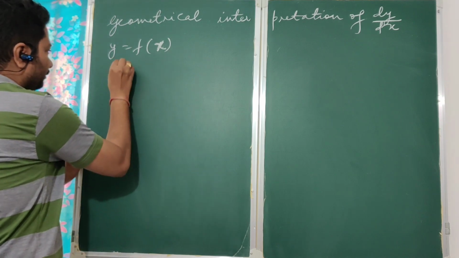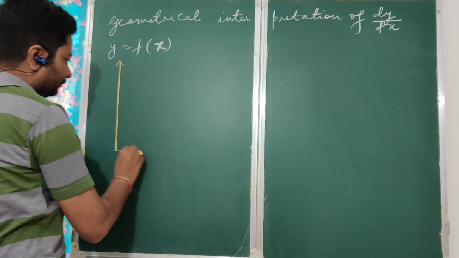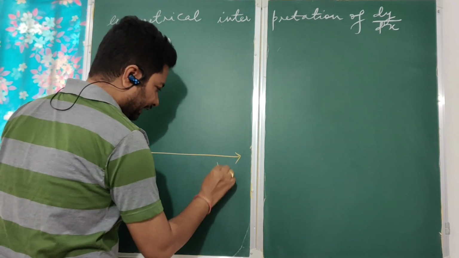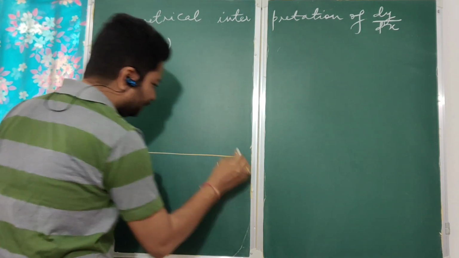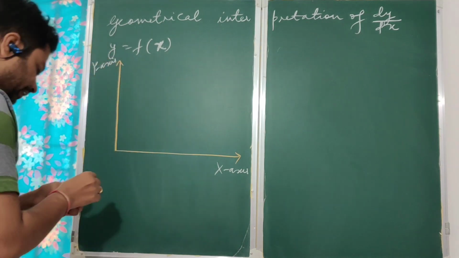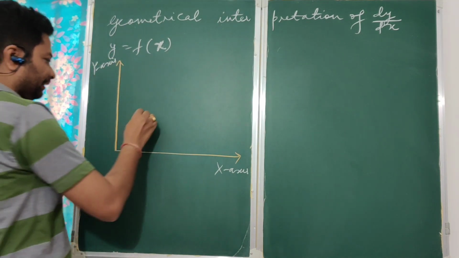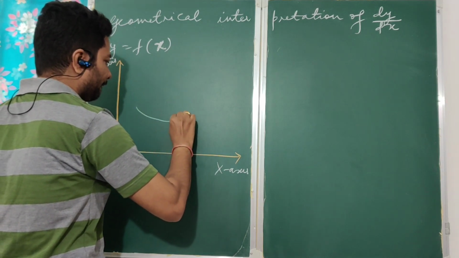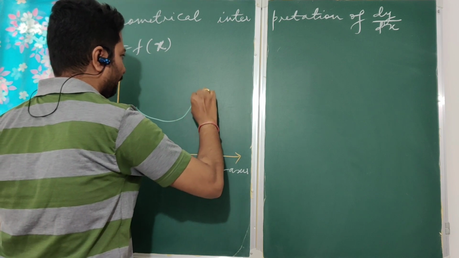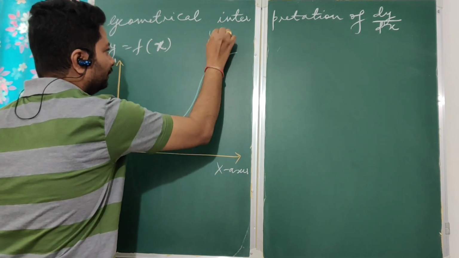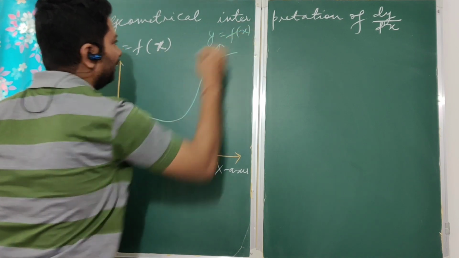So let us draw that. This is your x-axis, this is your y-axis, and the curve is somewhere here like this. Let us say this is your curve, y is equal to f(x).